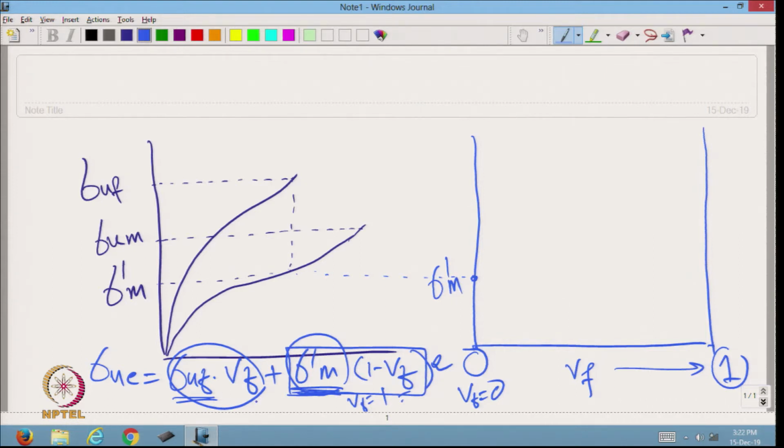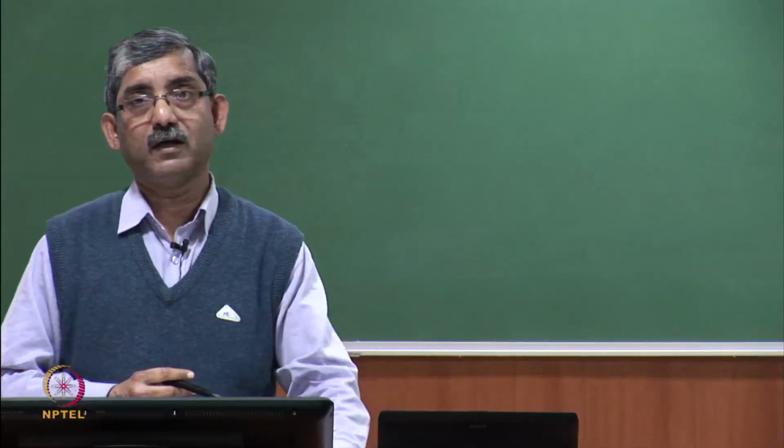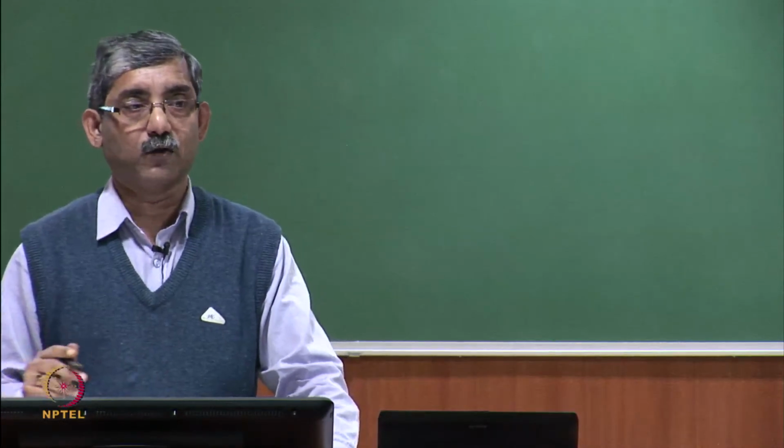So, this is the point. If we join, we will get a plot which shows the ultimate stress of composite when the fibers are not broken, when both the matrix and the reinforcing fibers are carrying load.